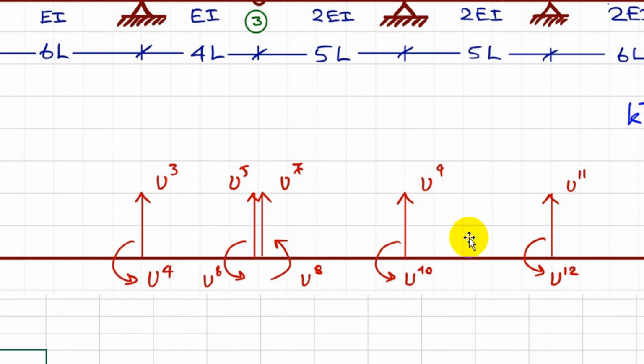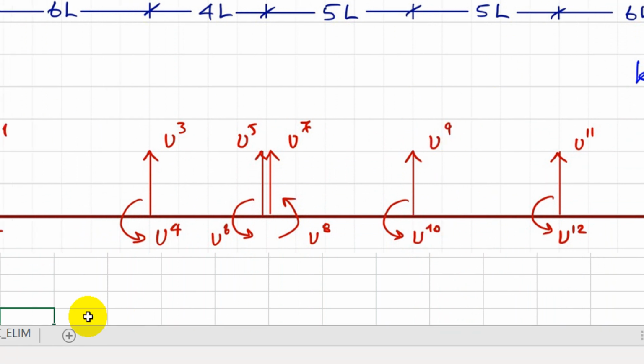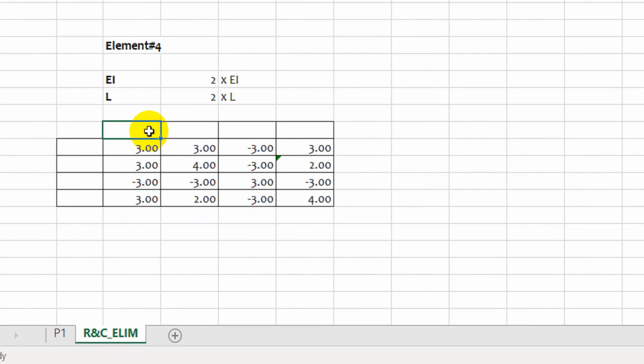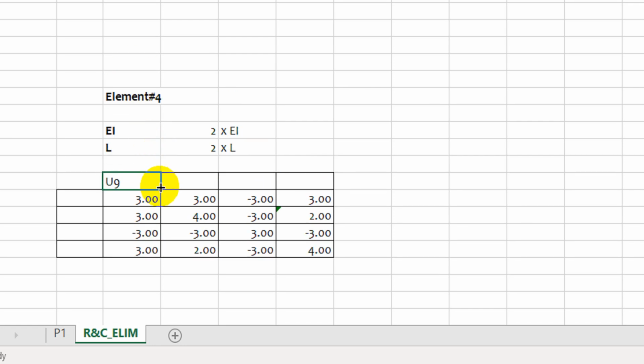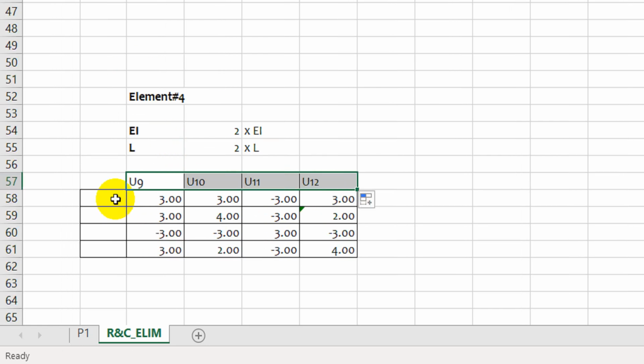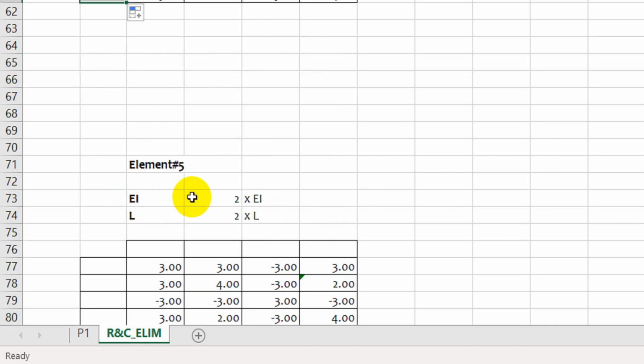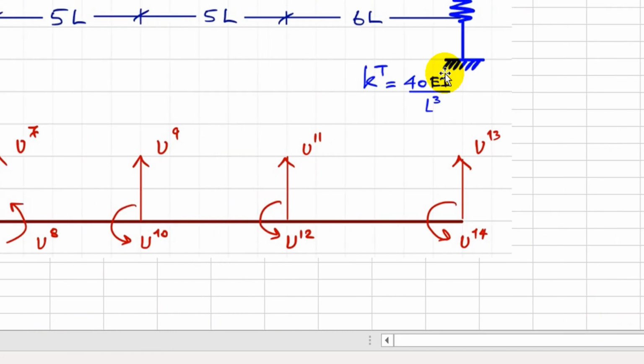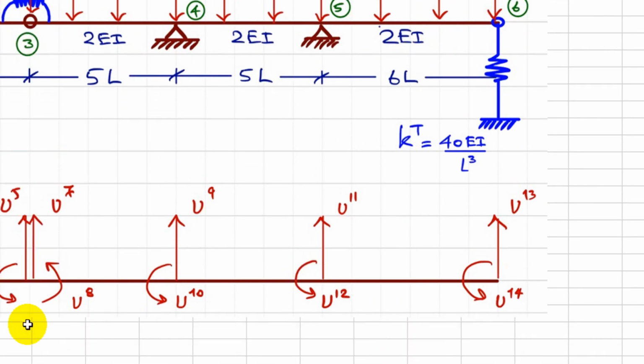It links to U9, U10, 11, 12. I guess I can just do the copying. Okay, that works. F9. And the last one, 11 to 14.